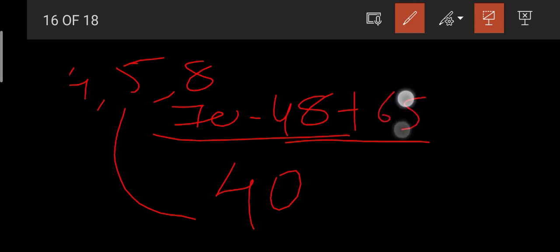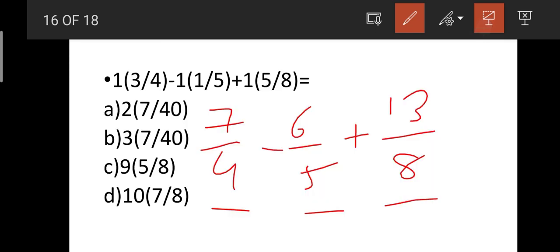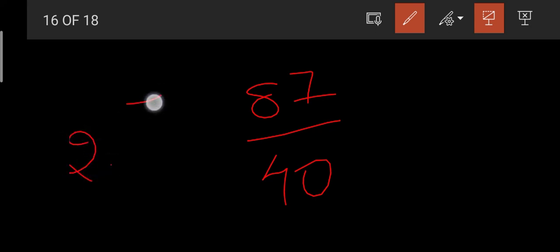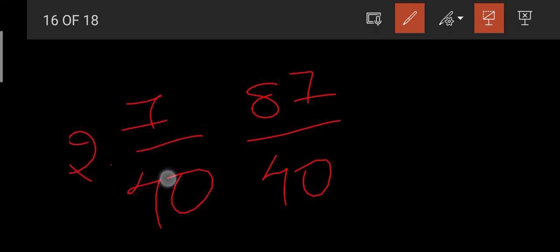Okay, if we calculate 70 minus 48 plus 65, then we will get an answer of 87 by 40. If we calculate this, it becomes 2 into 7 by 40, isn't that? Okay, I hope you understood this. 40 2s are 80 and the remainder is 7, so we get the denominator 40. Okay, 2 into 7 by 40.